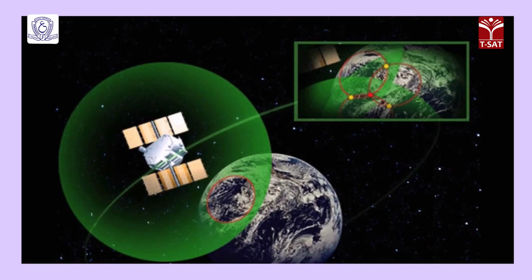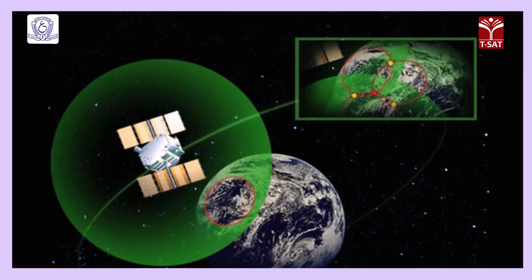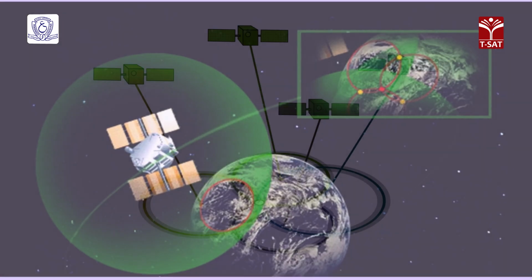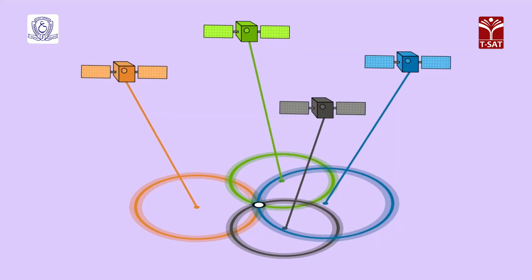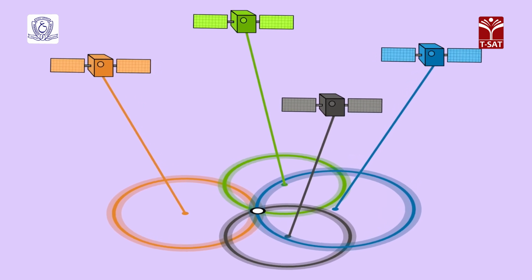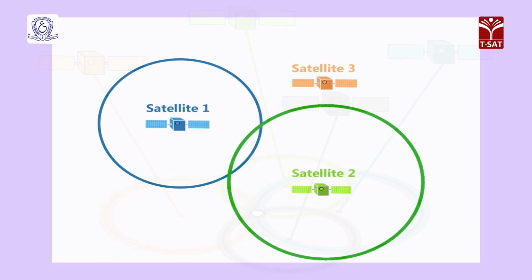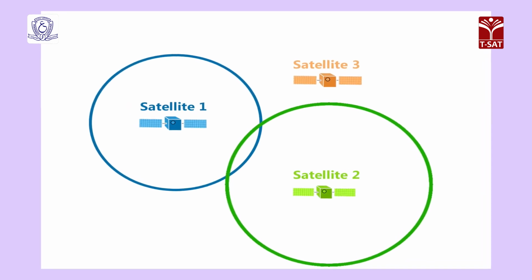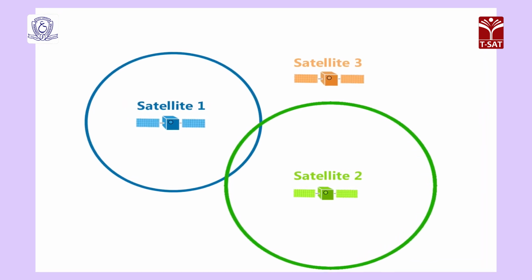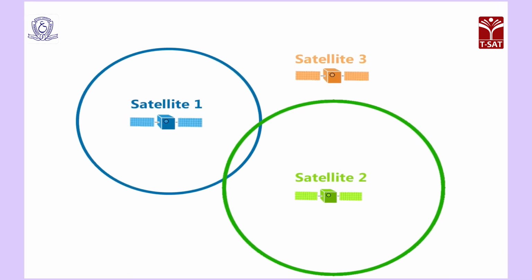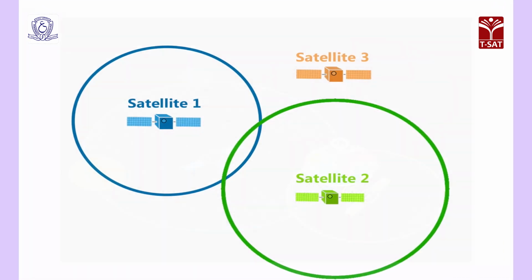GPS 3D trilateration: if only one satellite is visible, position location is impossible, as the receiver location can be anywhere on the surface of a sphere with the satellite at its center. If two satellites are visible, the receiver location can be anywhere on a circle where the surfaces of the two spheres intersect. So, position location is also impossible.